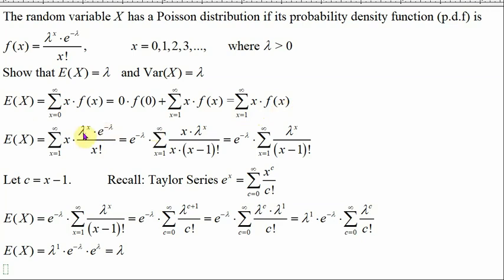f of x is lambda to the x times e to the negative lambda divided by x factorial. x factorial is x times x minus 1 factorial. The summation here is with respect to x, and therefore we can move the quantity e to the negative lambda to the front.